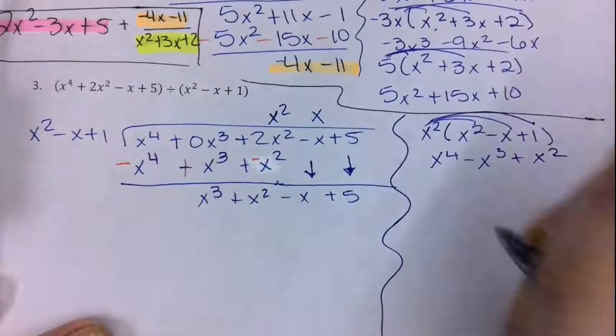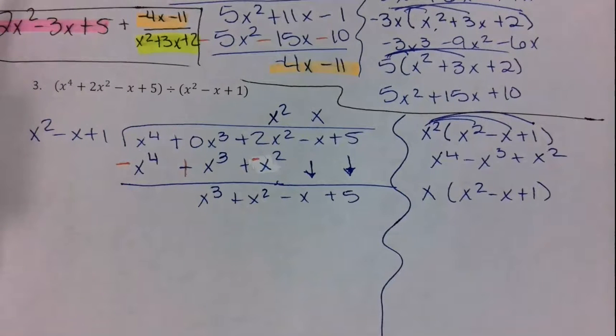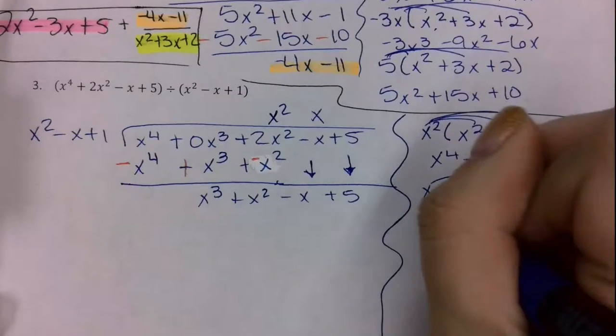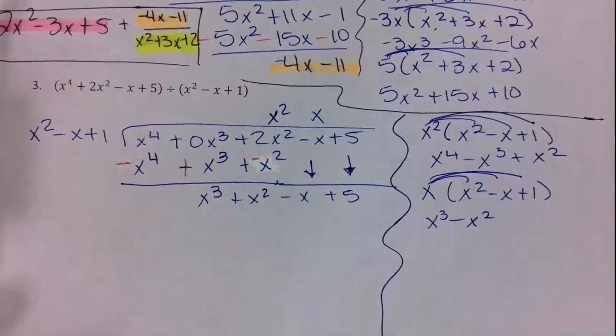X. So then over here, I multiply by x. Okay, so x times x squared is... x times negative x is... x times 1 is... okay, what do I do with that?